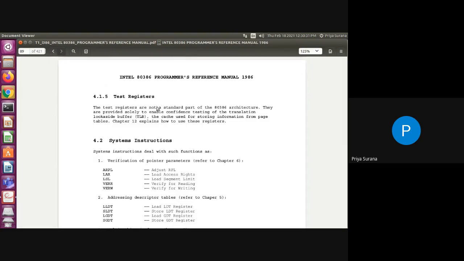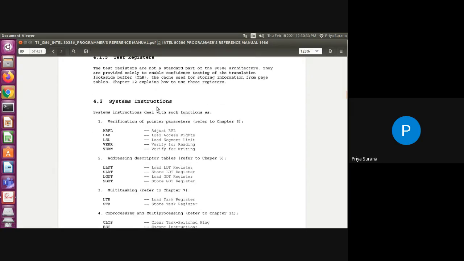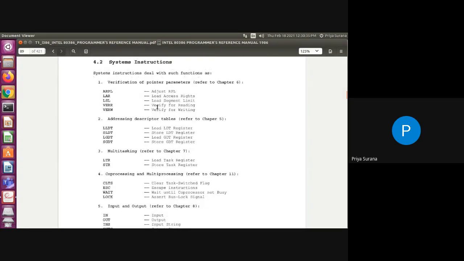Depending on these system registers, there are a few system instructions which can be used to load and store the contents of these registers, mainly load and store. We will go through them one by one. System instructions deal with functions such as verification of pointer parameters.